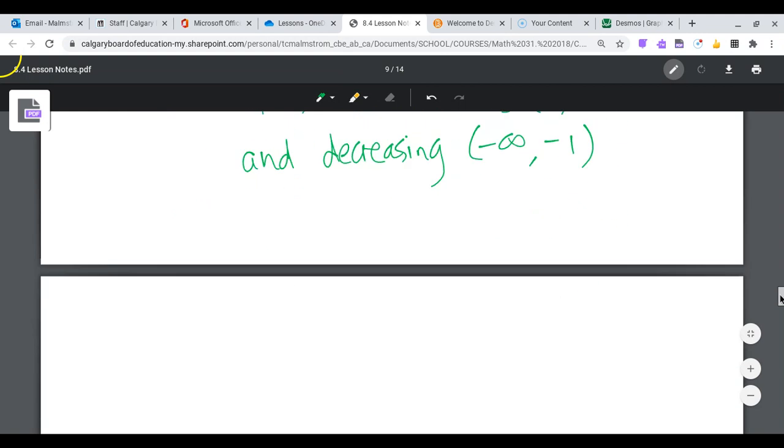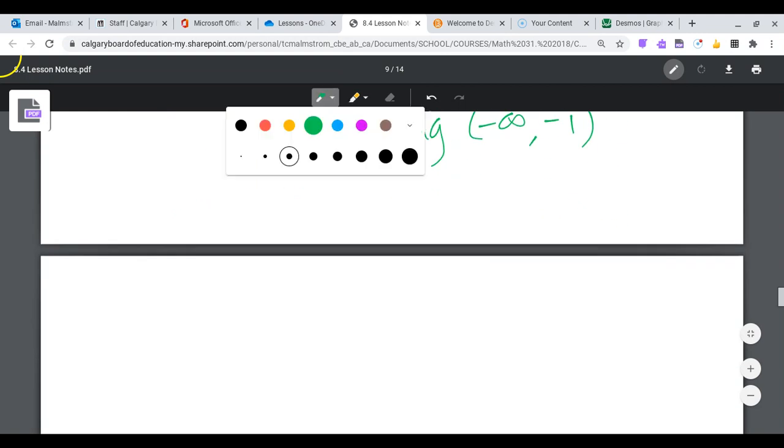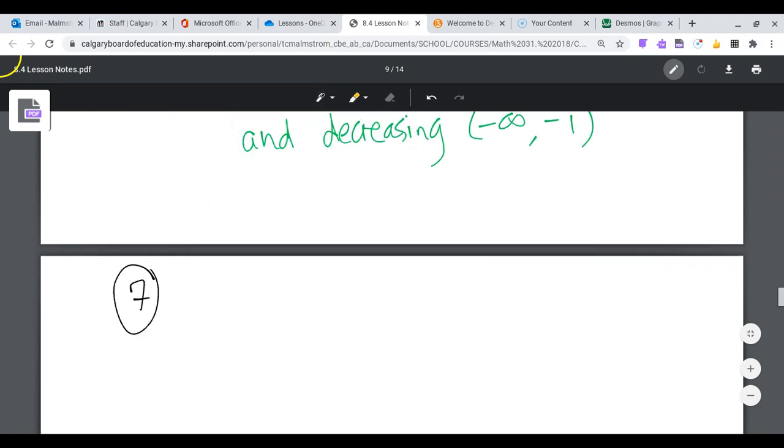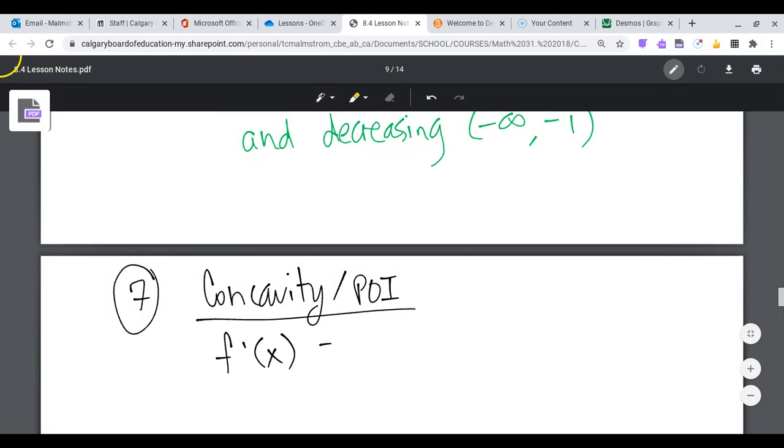All right, so step 7 will be our second derivative to determine our concavity and do we have any points of inflection. So what do we know? We know that our first derivative was 2x on x squared minus 1. And now I want to take the derivative of this. I'm going to use my quotient law.